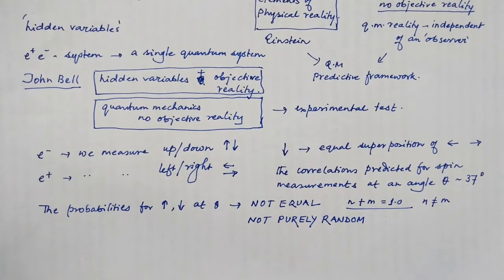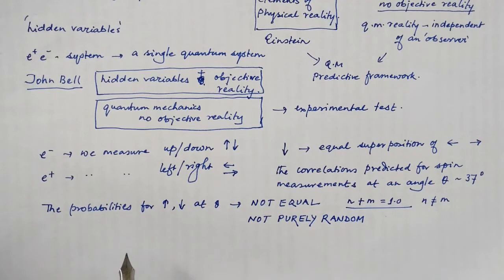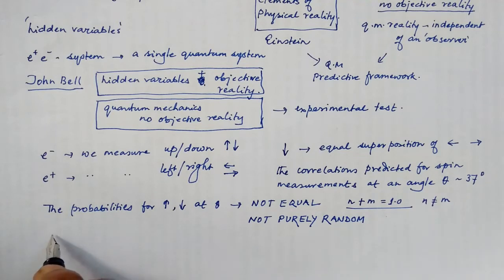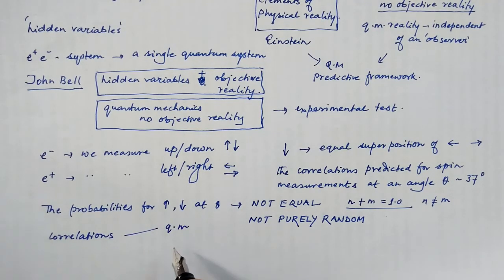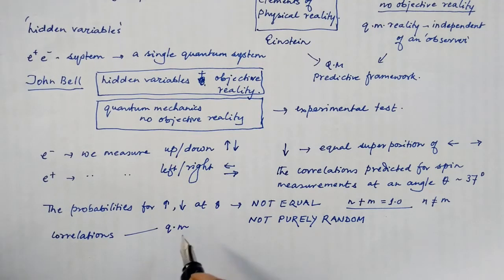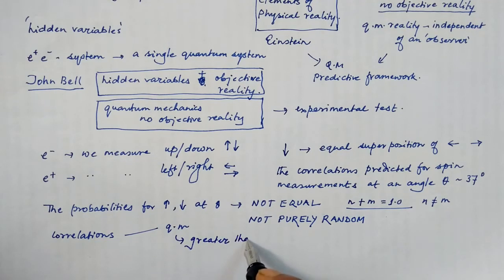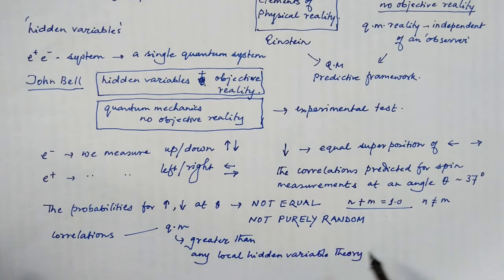You will not understand this in its entirety in such a small span of our class, but the crux is this: he got correlations from quantum mechanics, and he said that these correlations are greater than could be obtained from any local hidden variable theory.